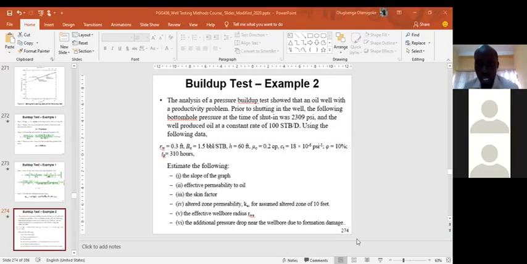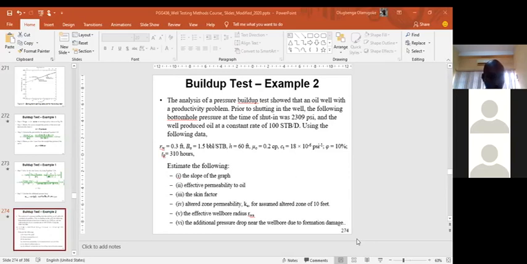Great. Now, let's look at this example 2. The analysis of the build-up pressure test showed an oil well with a productivity problem. Prior to shutting in the well, the bottom-hole pressure at the time of shutting in was 2,309 psi, and the well produced oil at a constant rate of 100 stock tank barrels per day, using the following data: well bore radius, formation volume factor, thickness of the oil column, viscosity, compressibility, porosity.